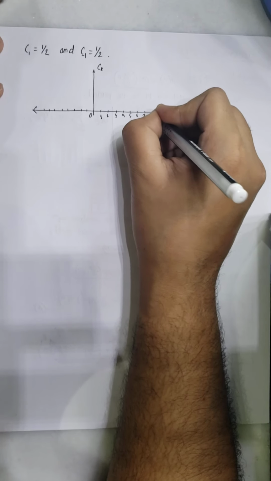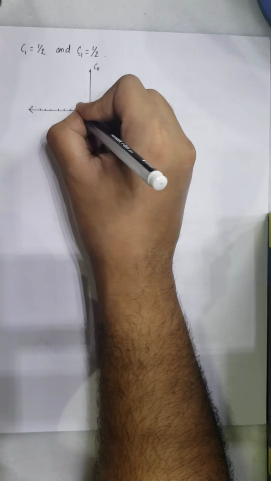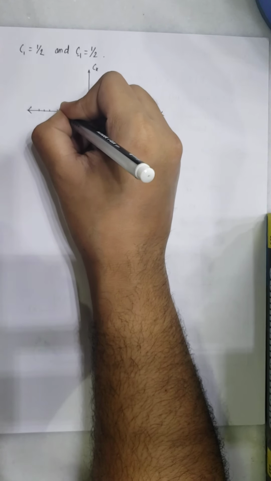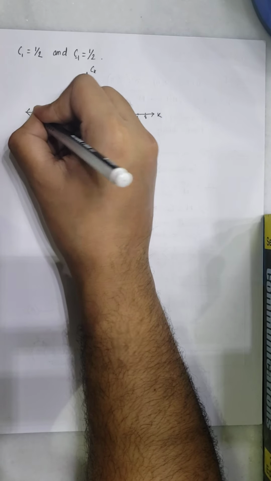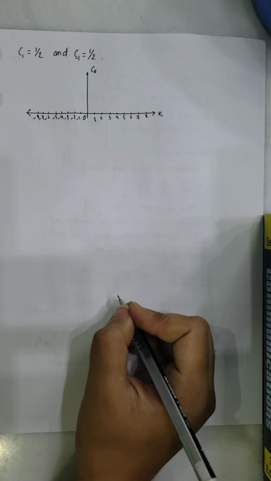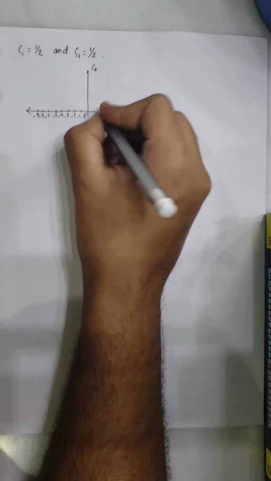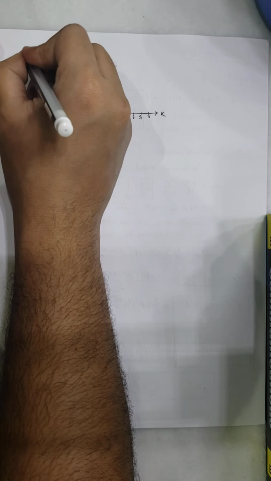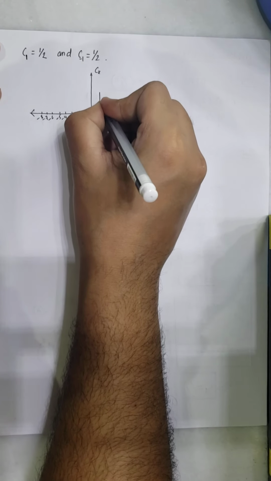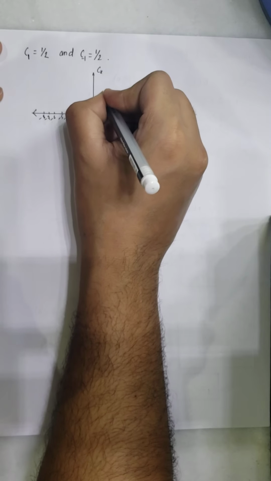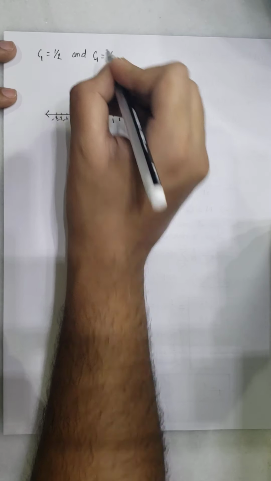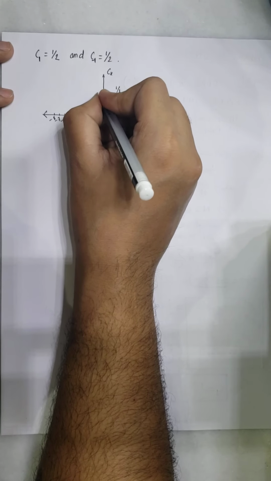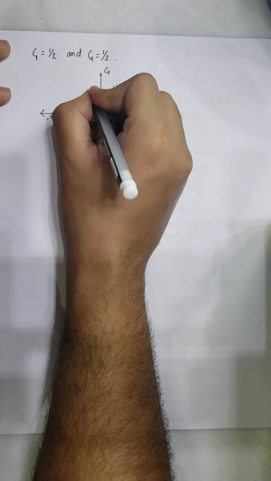This is negative 1, negative 2, negative 3, negative 4, negative 5, negative 6, negative 7, and negative 8. So, at the point where k equals 1, we get a value of half. And similarly, at the point negative 1, we get another value, half.